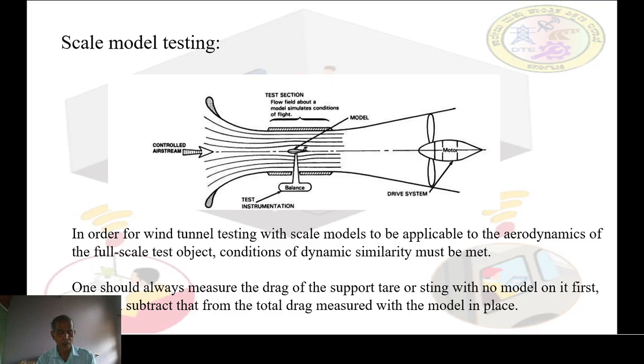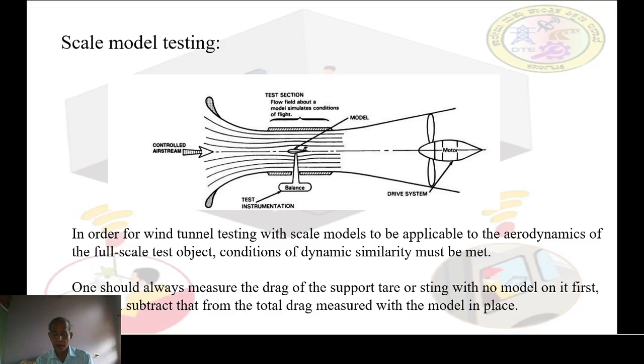Procedure: in order for wind tunnel testing with scale models to be applicable to the aerodynamics of the full-scale test object, conditions of dynamic similarity must be met.